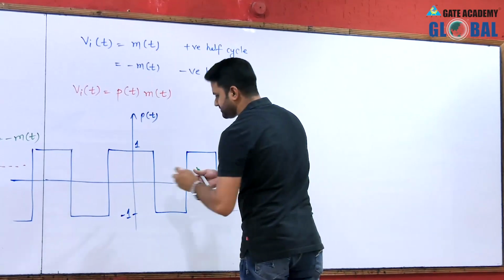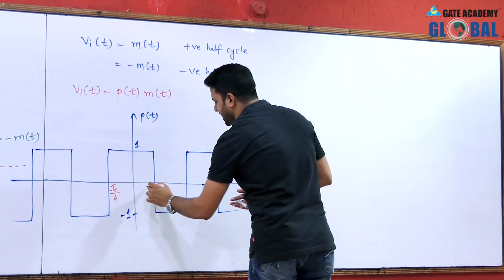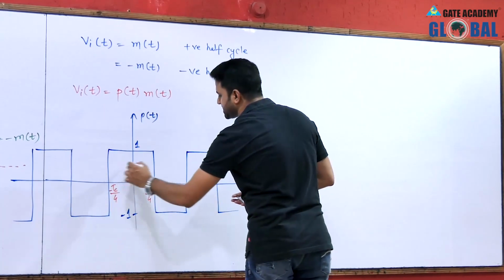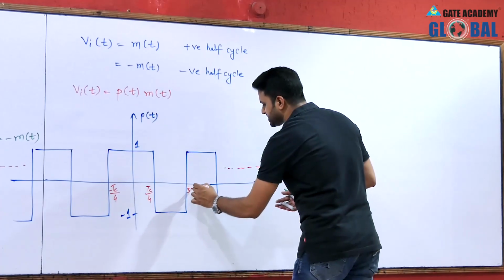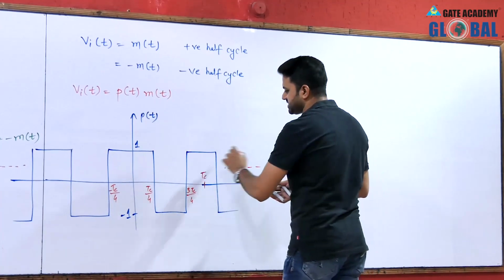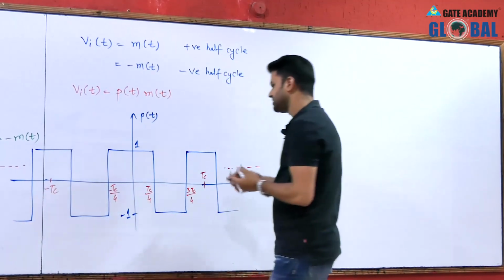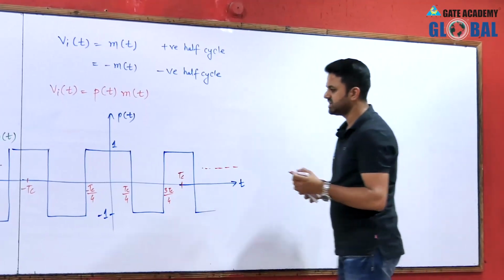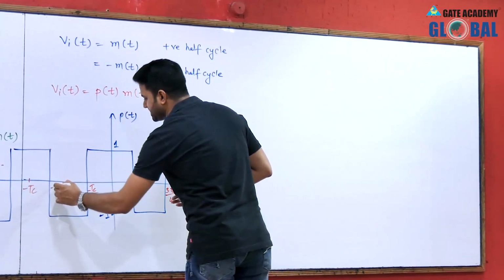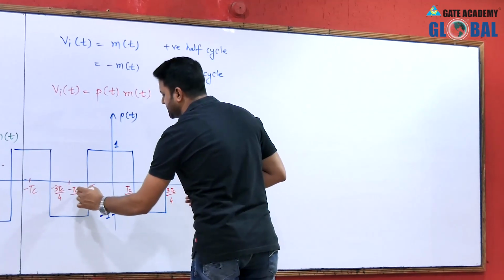For half the time period, that is from -Tc/4 to +Tc/4, this duration is the half time period, and this is 3Tc/4, and this should be Tc, the time period of this signal, and this is -Tc. So now this is a periodic signal with time period Tc.